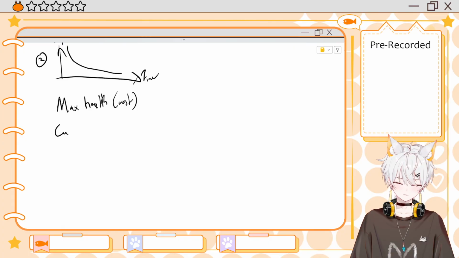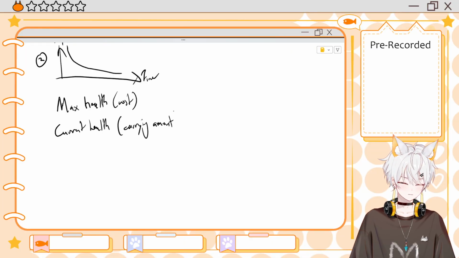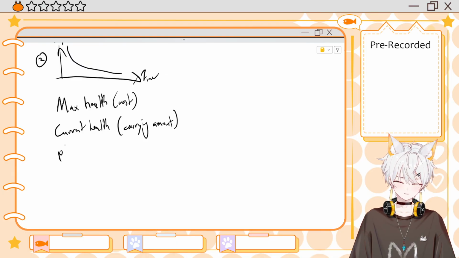You can think of it as current health. And then finally we have percent, so this will be maybe damage. This is the percent.